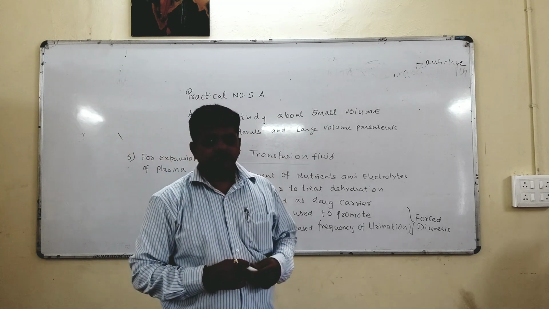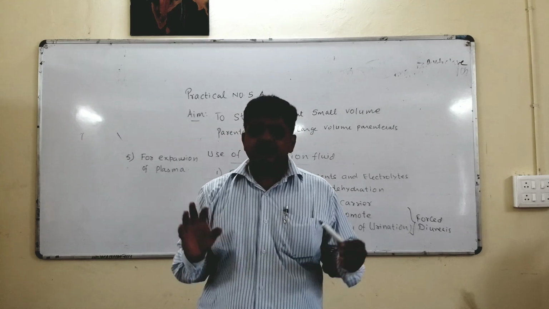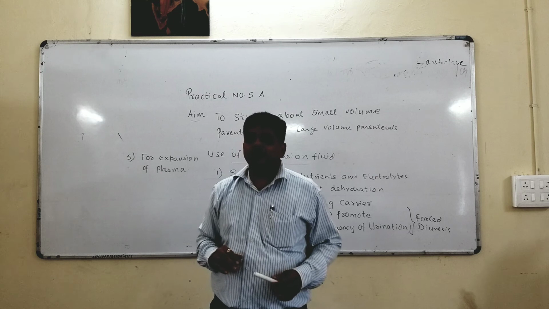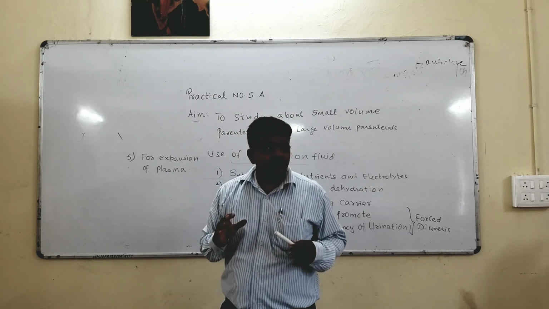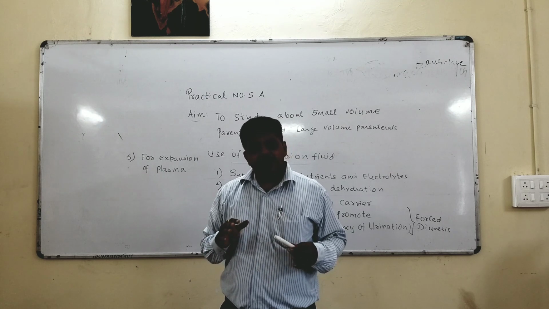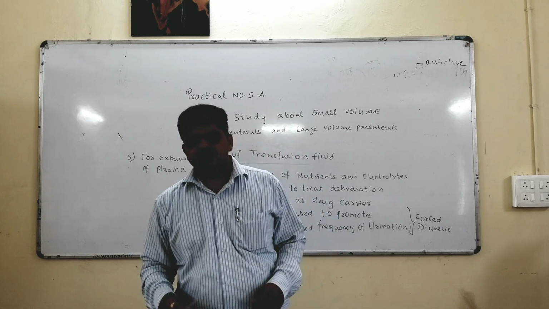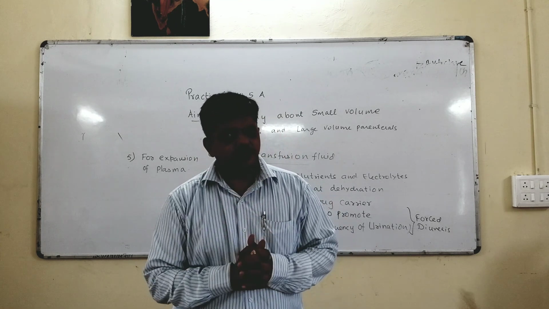In case of dehydration, in severe burning cases where the water amount decreases in our body, a plasma expander is used, and to expand the plasma this transfusion fluid is used. So this is about the transfusion fluid.